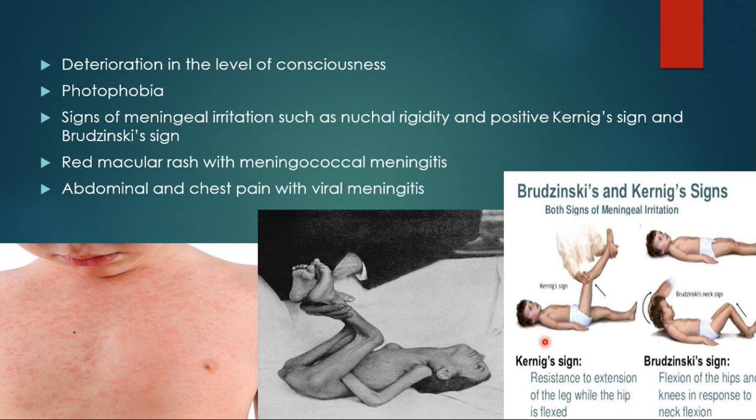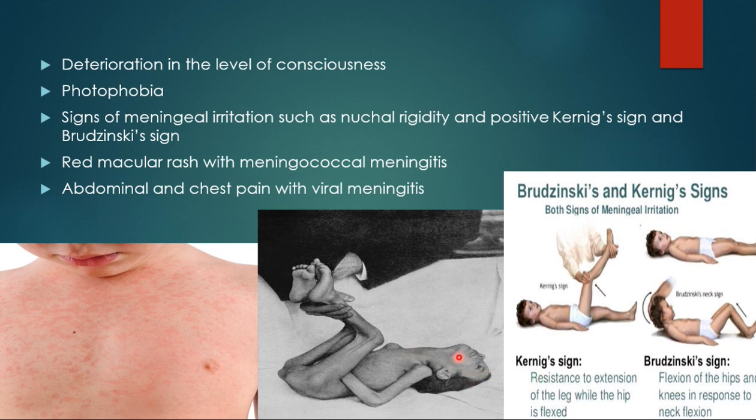Clear? So you can see here the resistance to extension of the leg while the hip is flexed is the Kernig sign. The patient may also show opisthotonus. Here you can see in this image. What is opisthotonus? The spasm of the whole body that leads to the legs and the head being bent back.